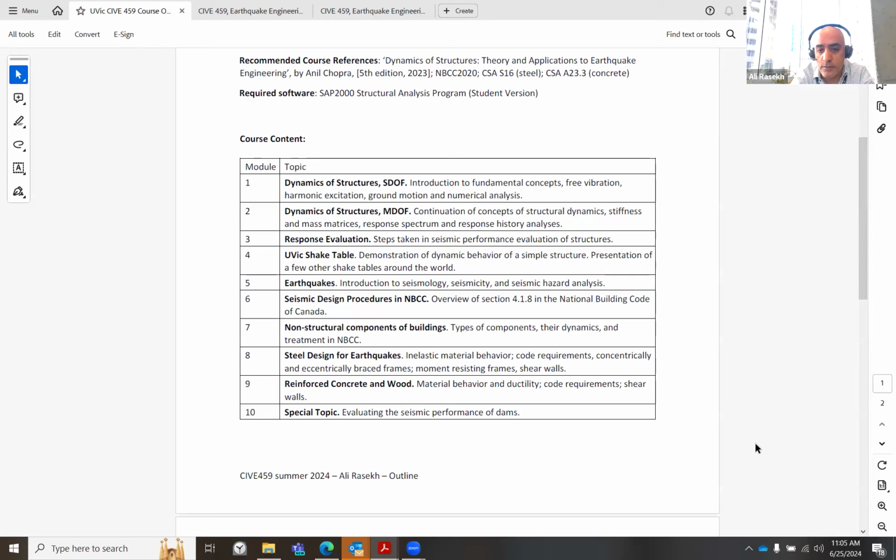The course is mostly intended for structural earthquake engineers, in comparison with geotechnical earthquake engineers. Their area of focus is different. They focus a lot on site response evaluation and understanding the soil layers and how they change the characteristics of the earthquake.